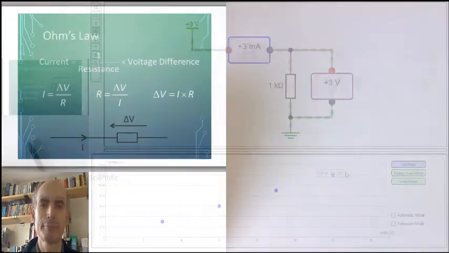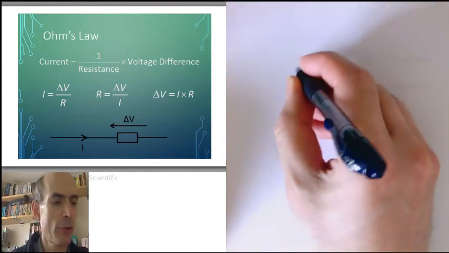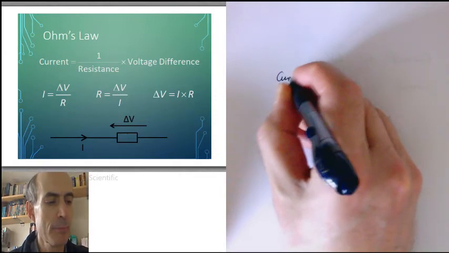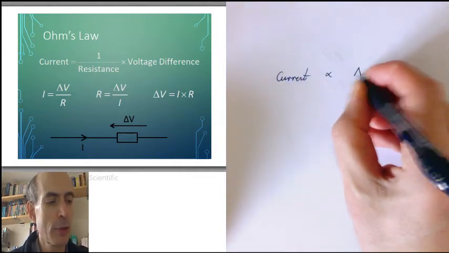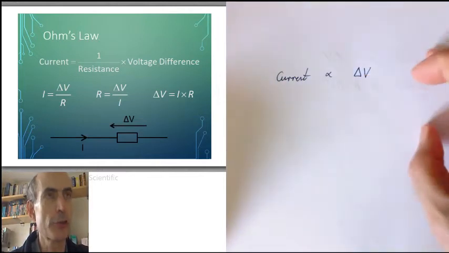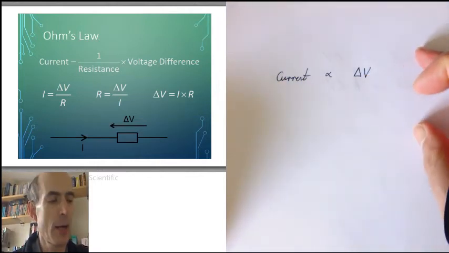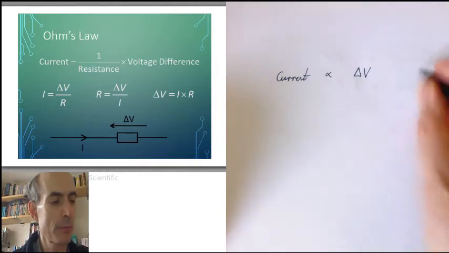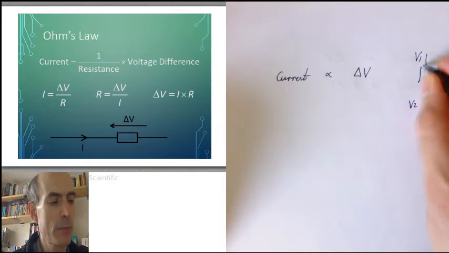Now, since we have Ohm's law, that tells us that the current through a conductor is proportional to the voltage difference across the conductor, the difference between the voltages on one side of the conductor and the other side of the conductor. Say V1 up here, V2 down here.